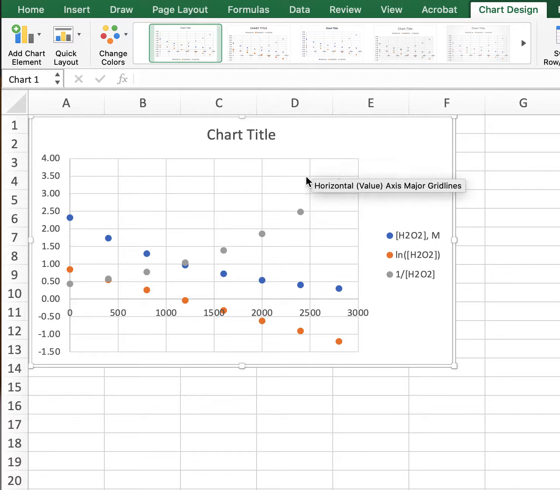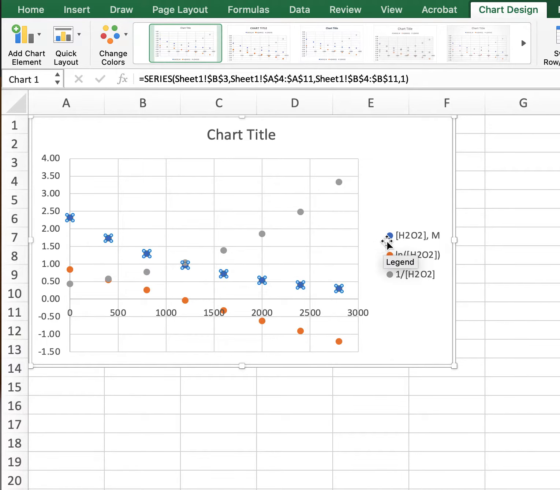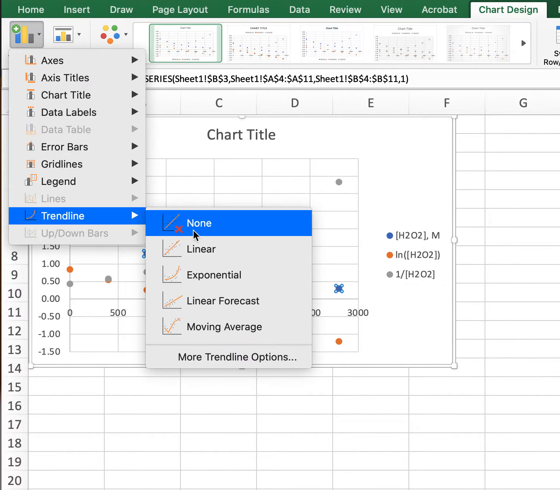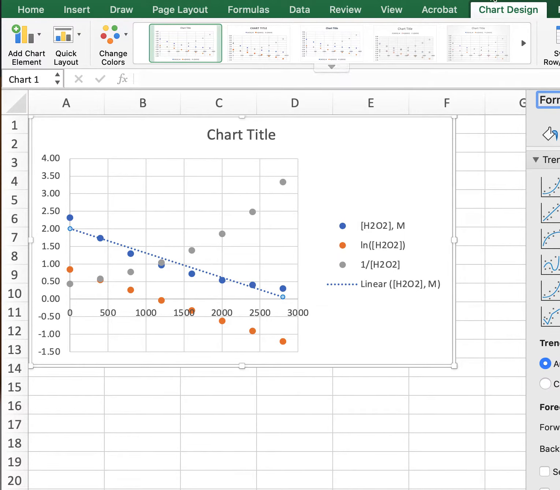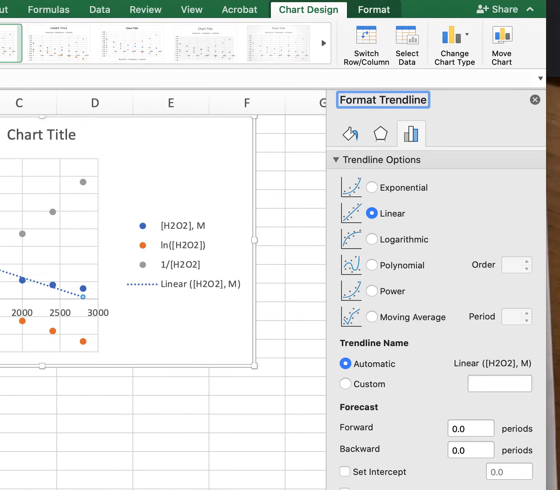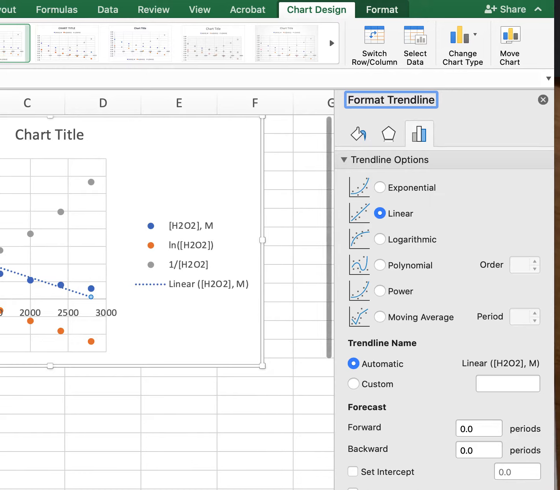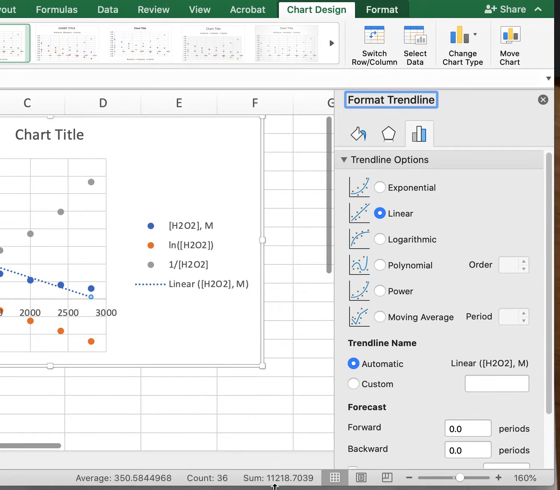Well, let's start with this. So let's go to our data for concentration. Now we're going to add a trend line. And I'll move this over here and move this up. We're always going to be fitting lines to this.